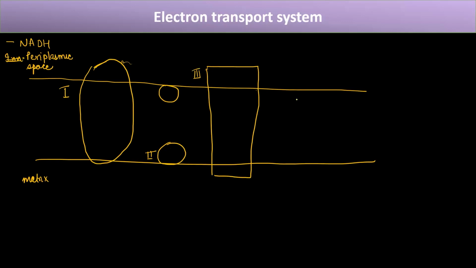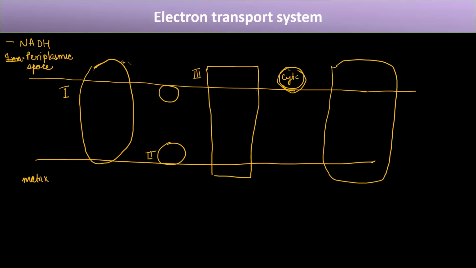And then there's cytochrome C, which will be located something like this. Then you will have your fourth complex. I'm not drawing the fifth complex for now. So this one is your fourth complex, and here will be your fifth complex.